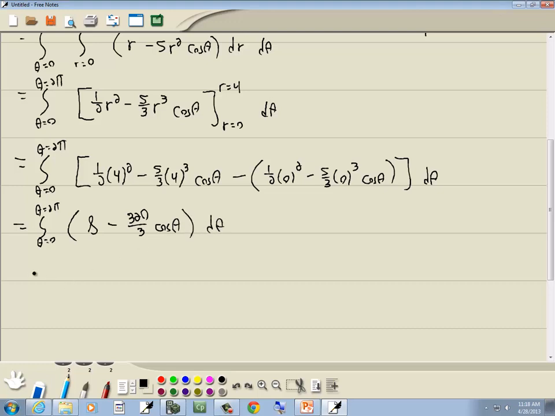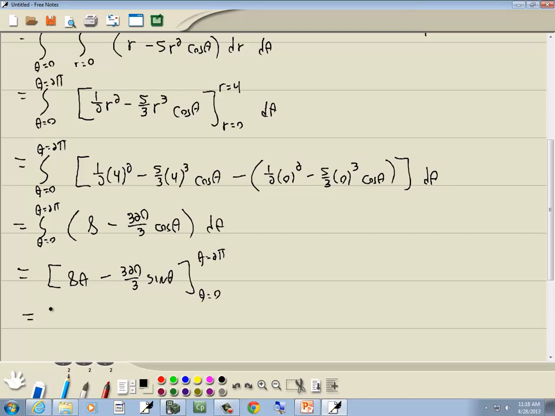d theta. Okay, now let's integrate with respect to theta. So this becomes 8 theta minus, the integral of cosine is sine, so this becomes 320 over 3 sine theta, from theta is equal to 0 to theta is equal to 2 pi.